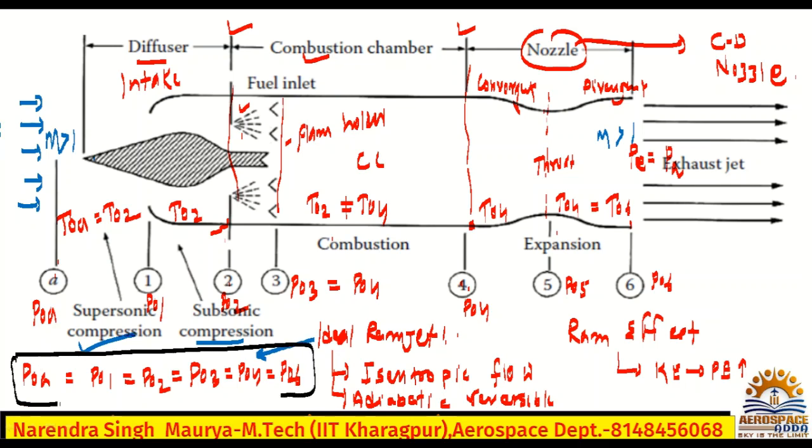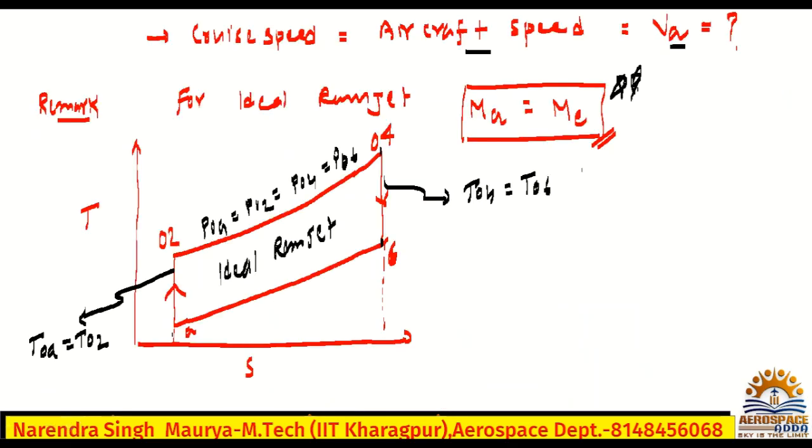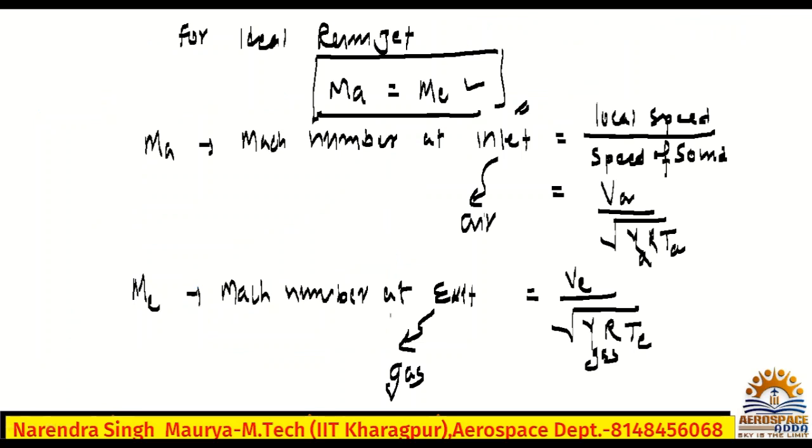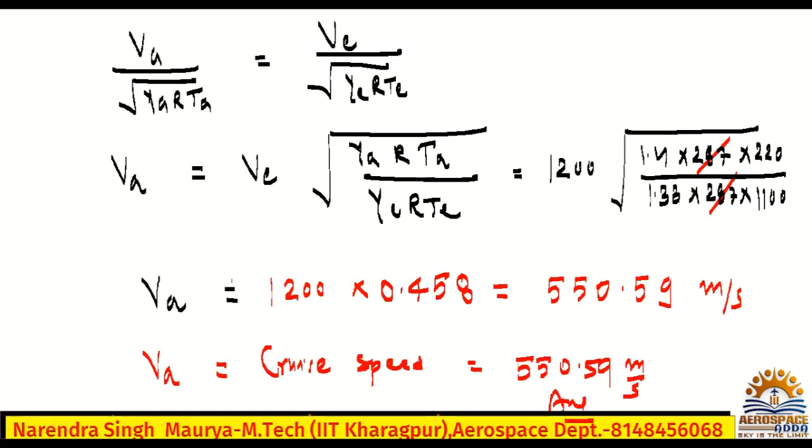Should be very clear to all. And the outcome of the ideal ramjet, once you apply all the assumptions, is MA equal to ME. Simply you equate and write the Mach number formula: local speed divided by speed of sound. Speed of sound you know very well, root of gamma RT. You just do the further calculation. Finally you will get 550.59. So they are asking for an integer, so write 550. That is enough.